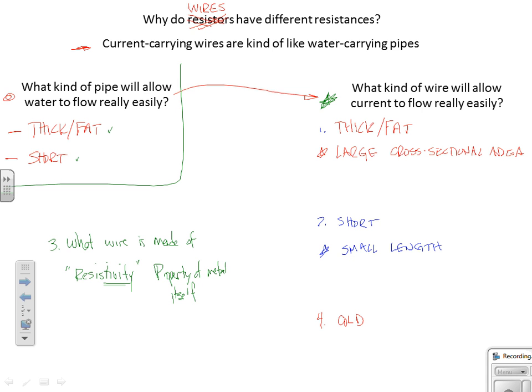So here, this definitely is falling apart. There's nothing about a cold pipe that's going to make water flow more easily. But a cold wire makes current flow more easily. Or we say that if we want a good current to flow easily, we need a low temperature.